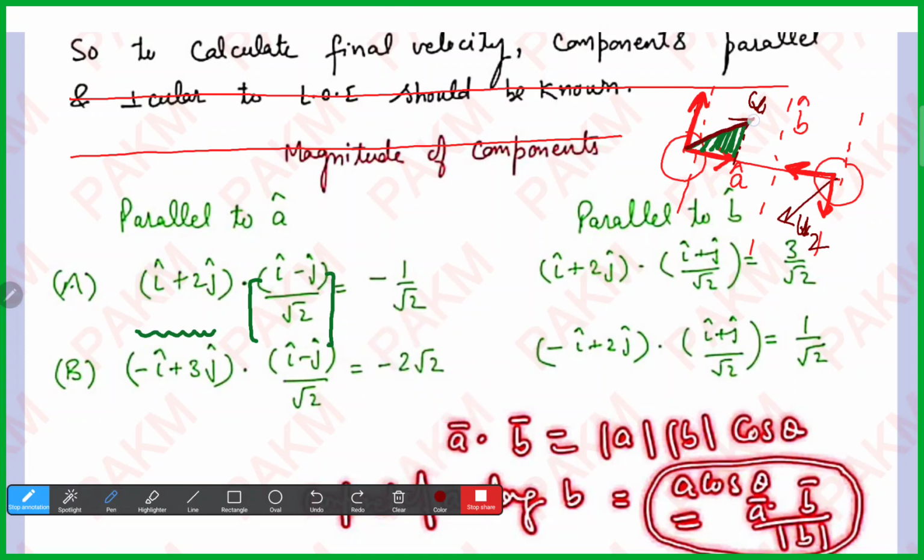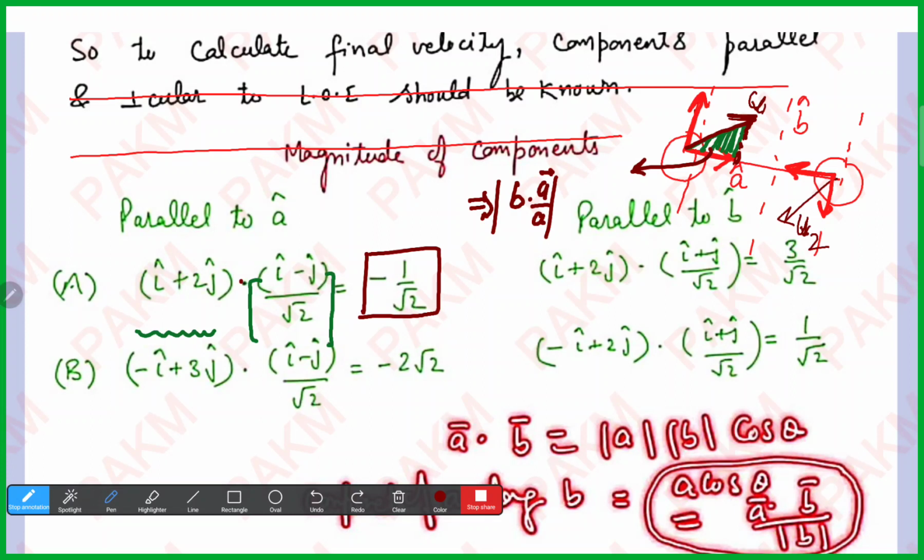And the vector B component along vector A. So the basic formula would be vector B dot vector A upon mod A, which means along whichever vector we have to calculate, we have to take the unit vector. So this way we can get the velocity component along vector A. So once we have taken this dot product, what will we get?